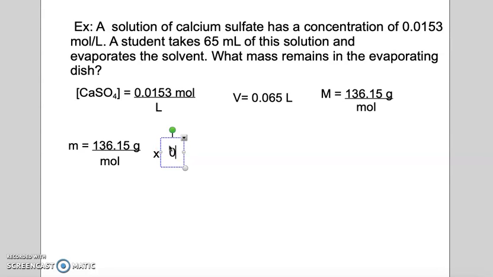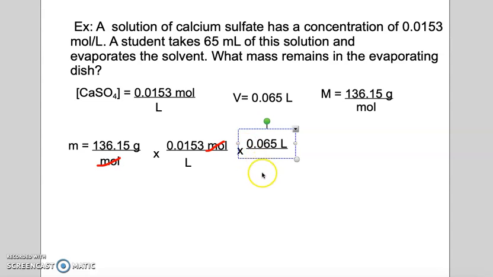So we can multiply by our 0.0153 moles over our liters. Right, so now we're able to cancel out the unit of moles. Okay, the next unit we need to cancel out is our liters. Right now liters is on the bottom. So to get rid of liters, we need to put it on the top.